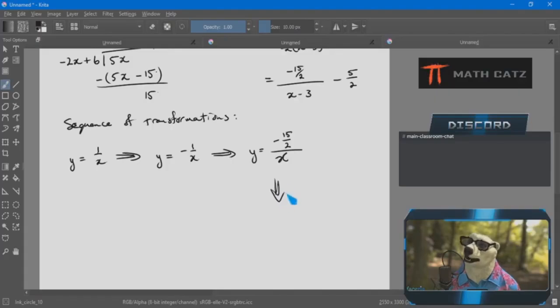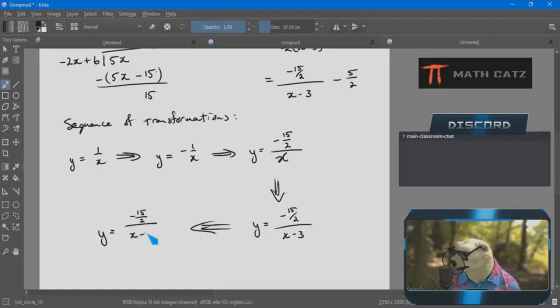Then I will replace x with x minus 3. And lastly, the 1 I leave until the end. You can mix and match the others all you want.